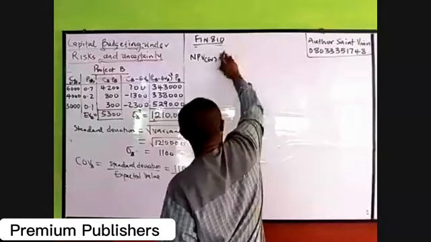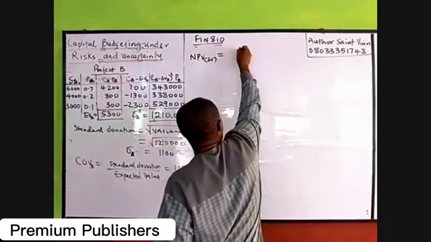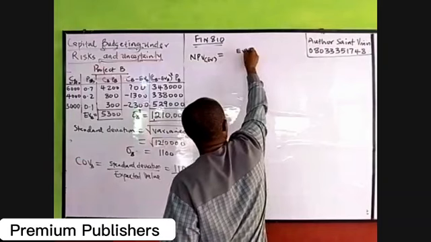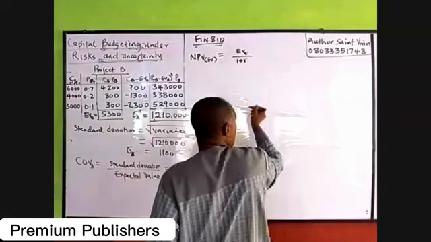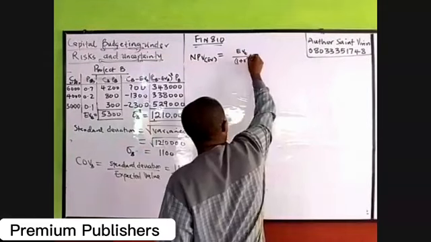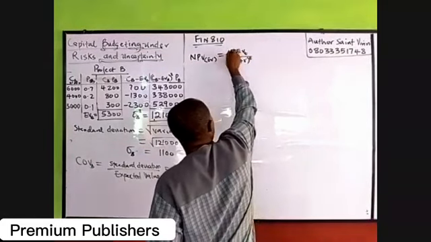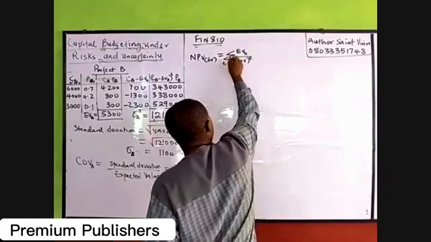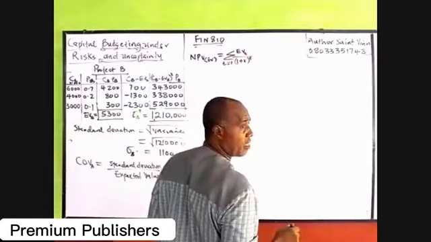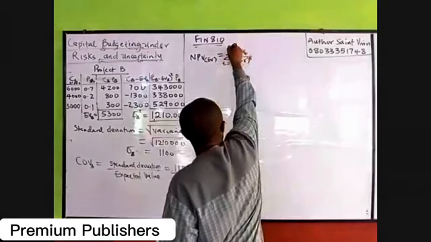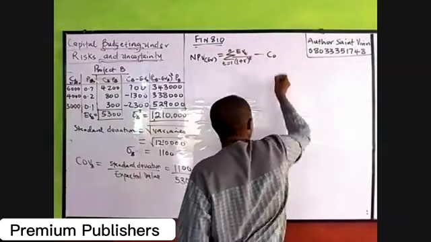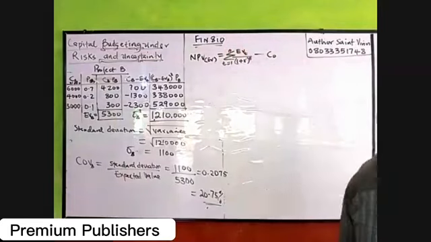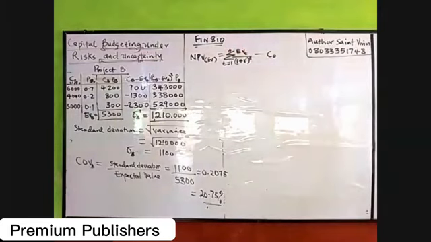Okay, let's just write the formula. First of all, it is the expected cash flow at time t, all over 1 plus r, all raised to the power of t, summation, still starting from 1. How many years is that? 3 years. Okay, let's just write n in the formula, minus the project cost. Any question? Is the formula clear?